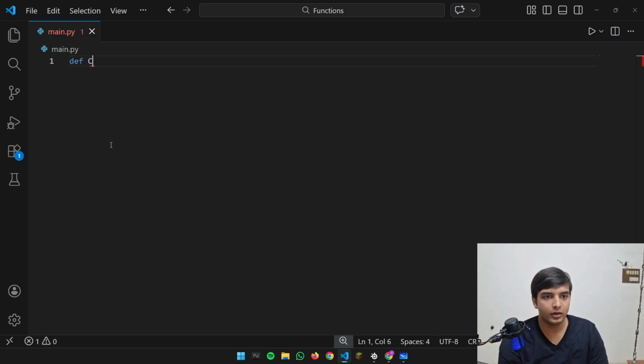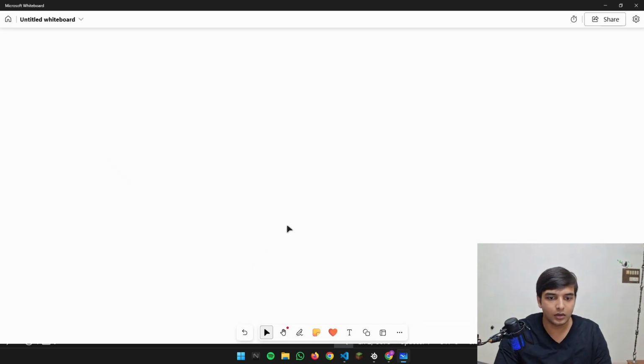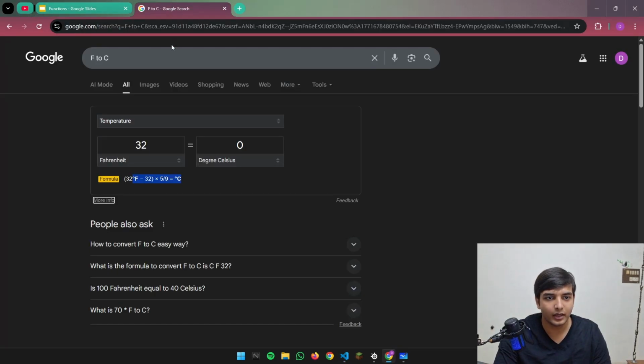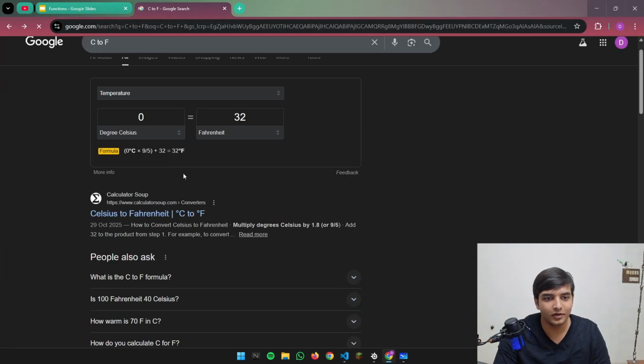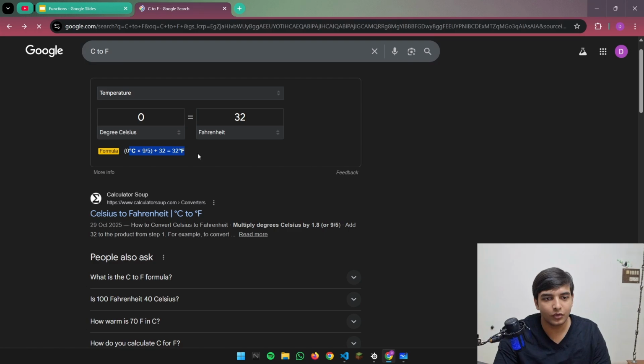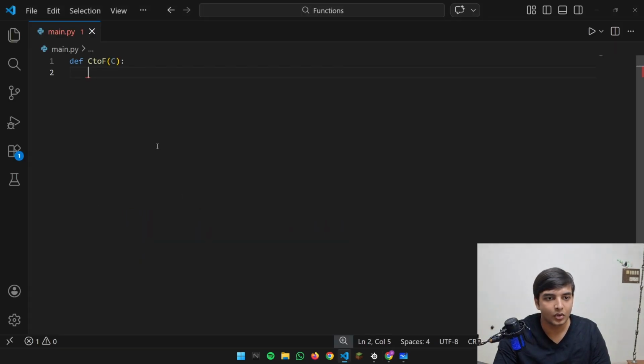So let's call it C to F, with parameter, let's say we take C. For this, we'll be needing the formula. I actually forgot the formula for this. So we have this formula for converting degree Celsius to degree Fahrenheit. We'll be following that.